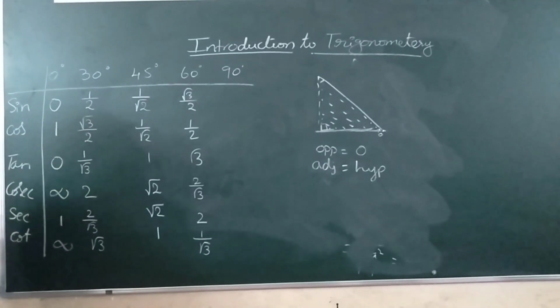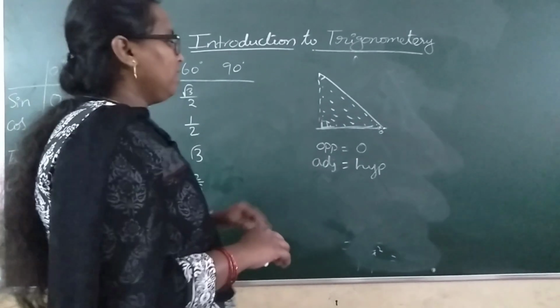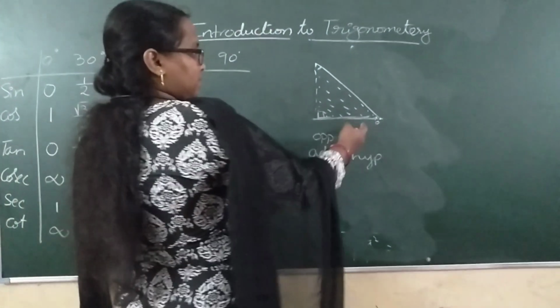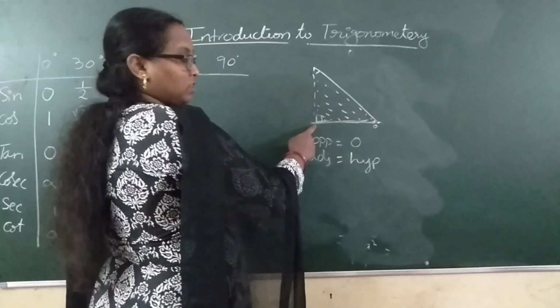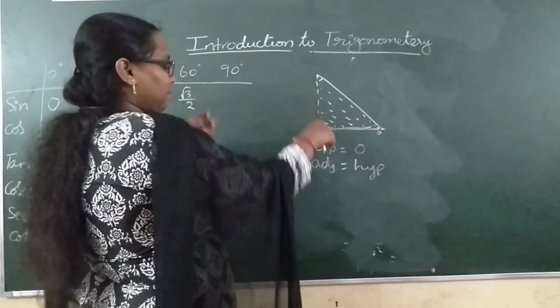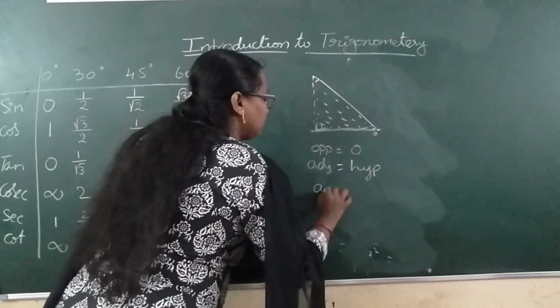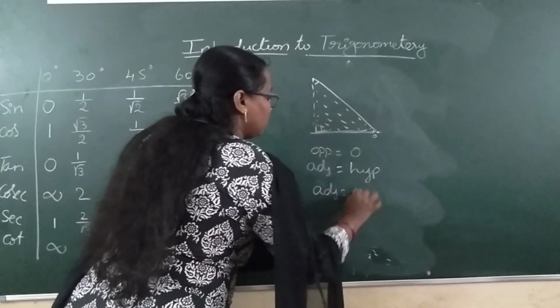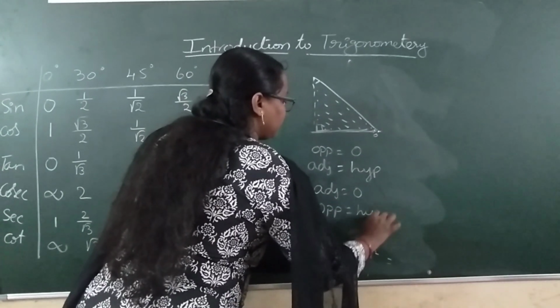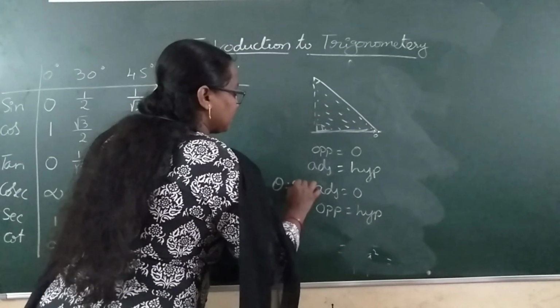Now coming to 90 degree. 90 degree also I can take here only. When both have fallen, here it is making 90 degree. Right? Then at that time adjacent will become 0. Opposite will be equal to hypotenuse. When theta is 90 degree. Here theta is 0 degree.